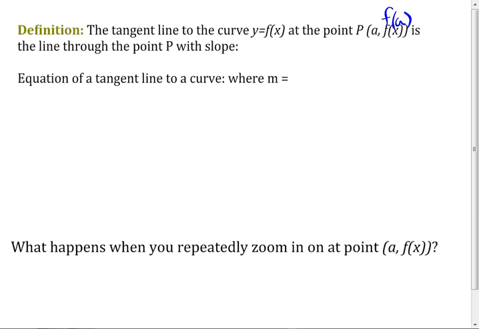How do you write the equation of a tangent line? You guys know from the exam, Lizzie, that you took last year. How do you write the equation of a line? It's y minus y1 equals m times x minus x1.